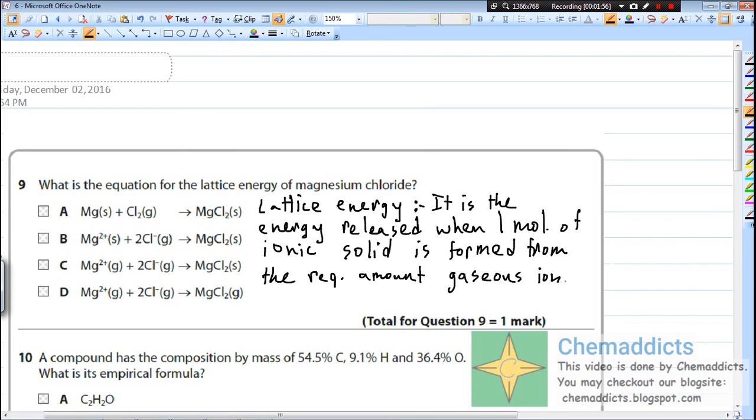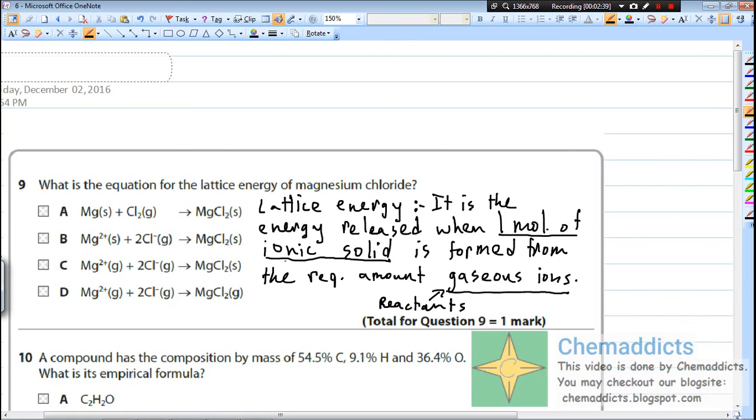So we have some criteria for the equation for lattice energy. The lattice energy equation should have gaseous ions, gaseous reactants, and a solid product, an ionic solid product. So the equation should have gaseous reactants and 1 mole of ionic solid.